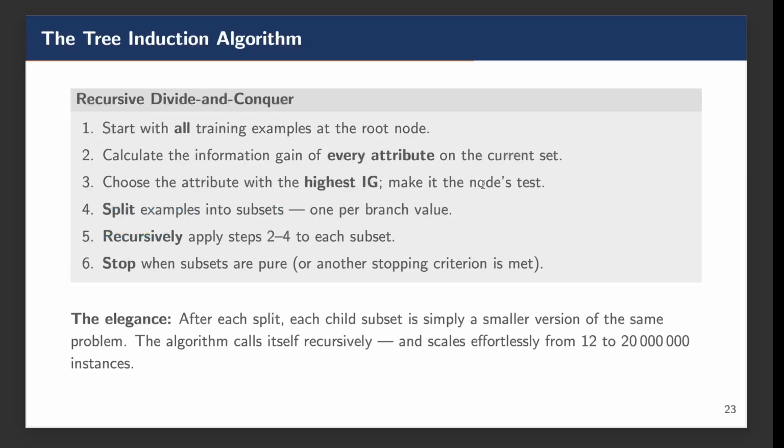Next, we want to look at the tree induction algorithm. This algorithm is a recursive process, and it starts with all training examples, and then we compute the information gain for every attribute, and we choose the one with the highest IG to split.